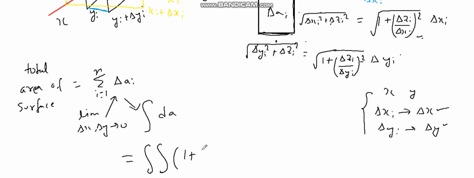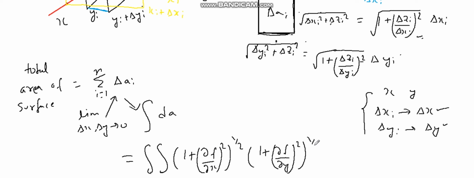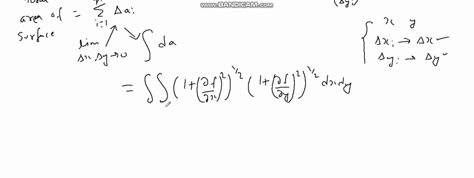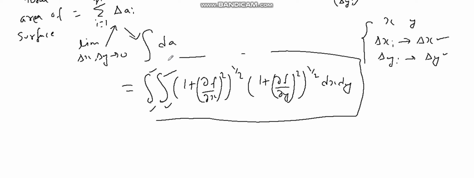Okay, 1 plus del f by del x whole square, to the power 1 by 2, and 1 plus del f by del y whole square, to the power 1 by 2, with dx and dy, and obviously we can just add the limits for x and y over here. Okay, so this is the area we can calculate of any surface if we know the equation of that surface, right?